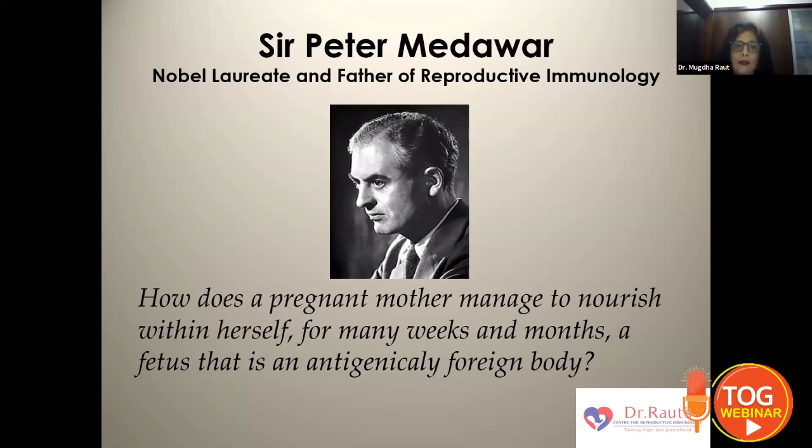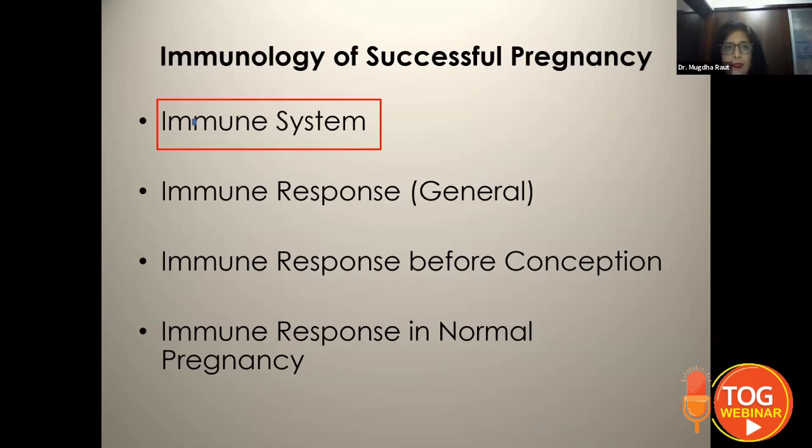He put forth one question many years back: how does a pregnant mother manage to nourish within herself for weeks and months a fetus that is an antigenically foreign body? So considering that the fetus is an antigenically foreign body, there must be some immune mechanism to help in a successful pregnancy and to accept a foreign body.